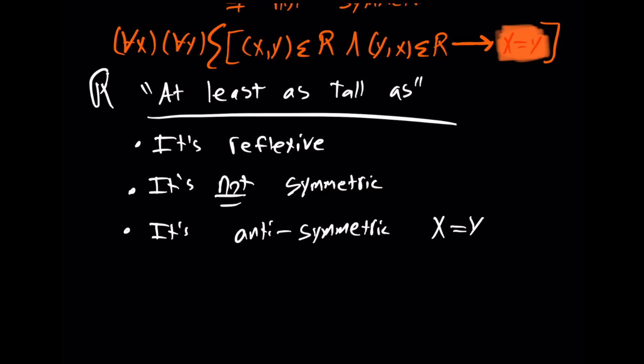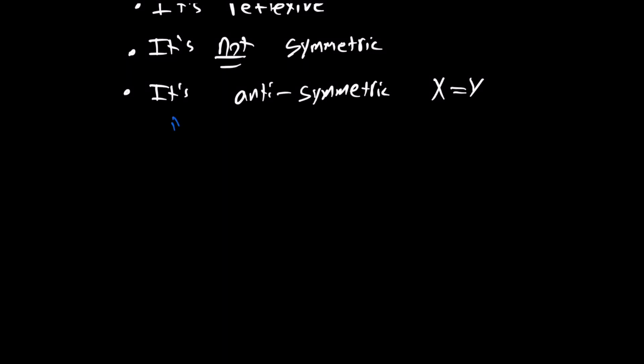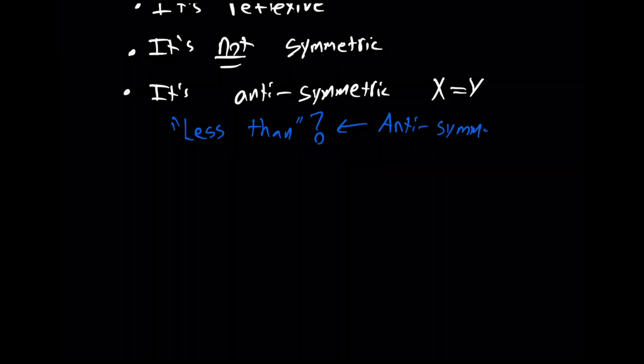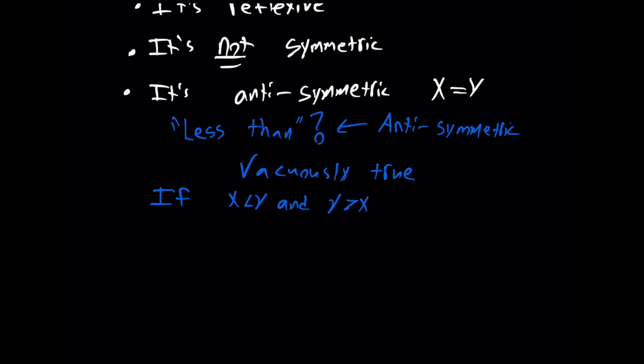But here's something potentially confusing as well. Not only the terminology, what about something like less than? We will actually consider that anti-symmetric. Why is that? Well, it's only vacuously true. If x is less than y and y is less than x, then x is equal to y.